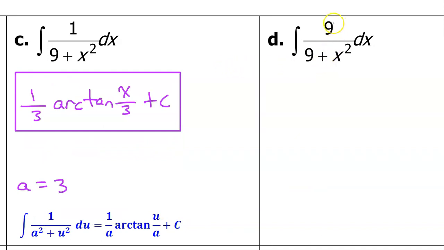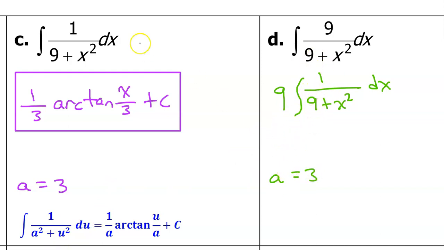For part D, we have a 9 in the numerator and as the constant of the denominator. So we can bring this 9 out in front of the integral, as we saw before. That will leave behind 1 over 9 plus x squared dx. This integral is still a perfect match for the rule. The a value will again be 3, which is the square root of this 9.